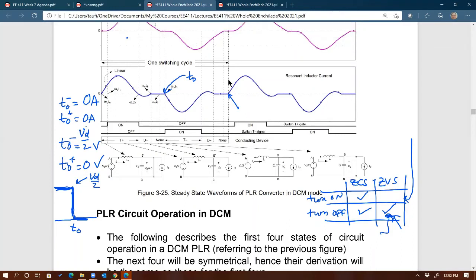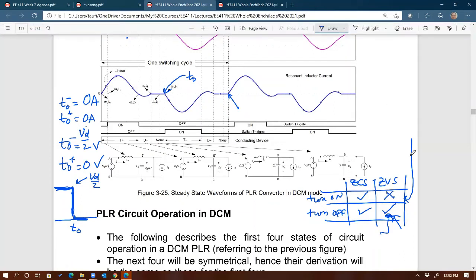So that's a hard switching. It's not soft switching anymore. When voltage or current jumps like that, from high to 0 or from 0 to high, that means it is not soft switching. So the answer is correct. It's a no. Good job. All right. Okay.